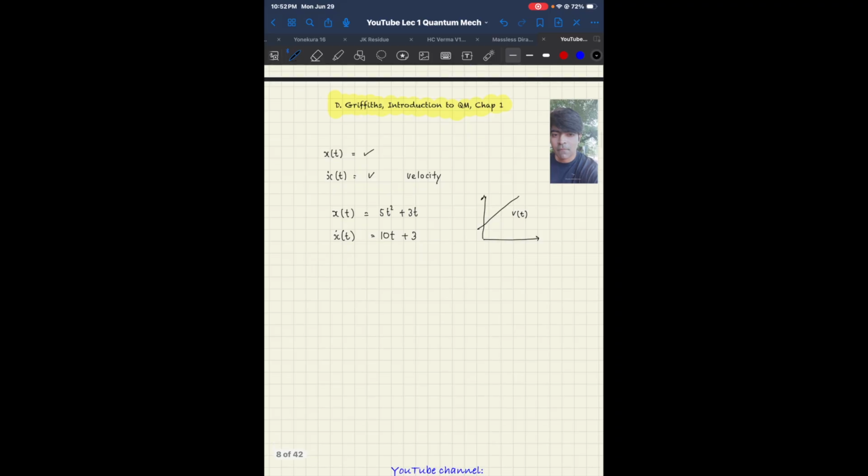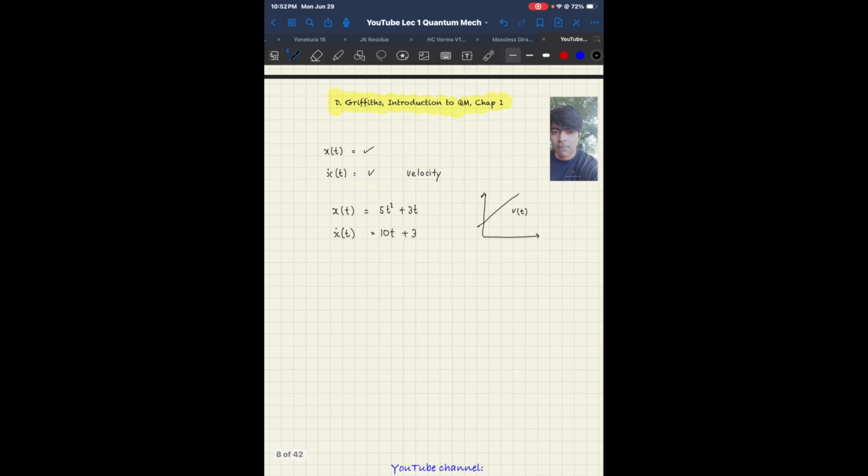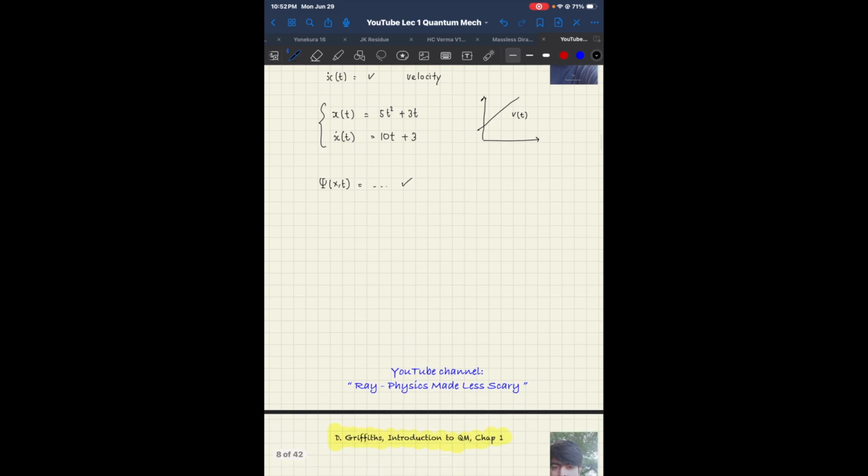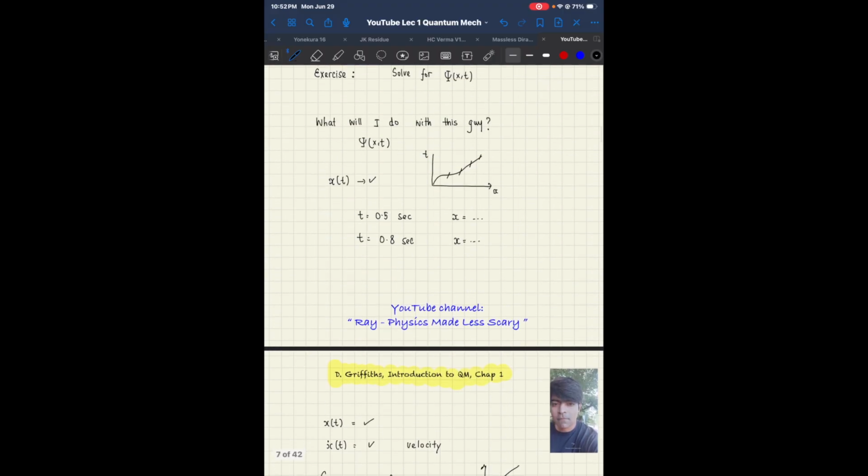Good. So now the obvious question is, okay, great, I have solved for psi of x and t. I know what this guy is. You asked me to solve the Schrodinger equation. What will I do with it? Well, this is where quantum mechanics comes in. Quantum mechanics does not ask you for trajectories of this kind.